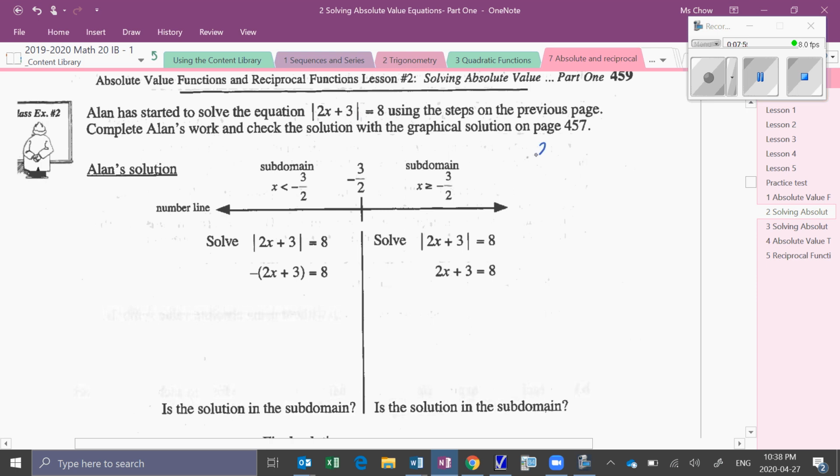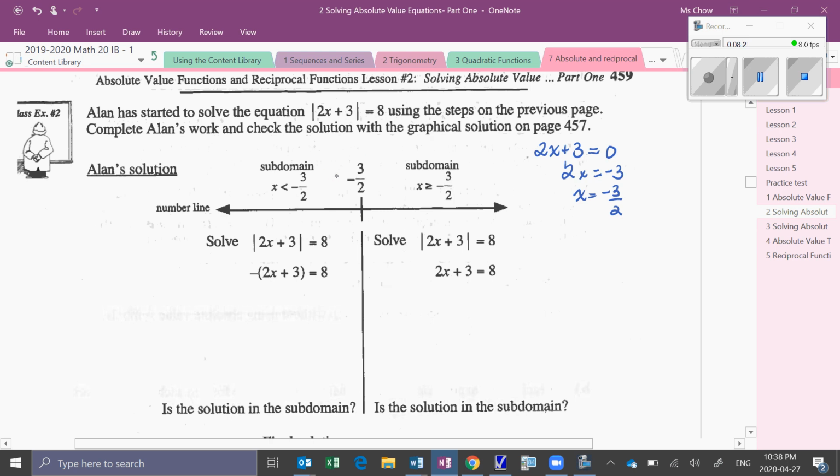So of course we're talking about that x-intercept. So 2x plus 3 is equal to 0, or 2x is equal to -3, and so x is equal to -3 halves.